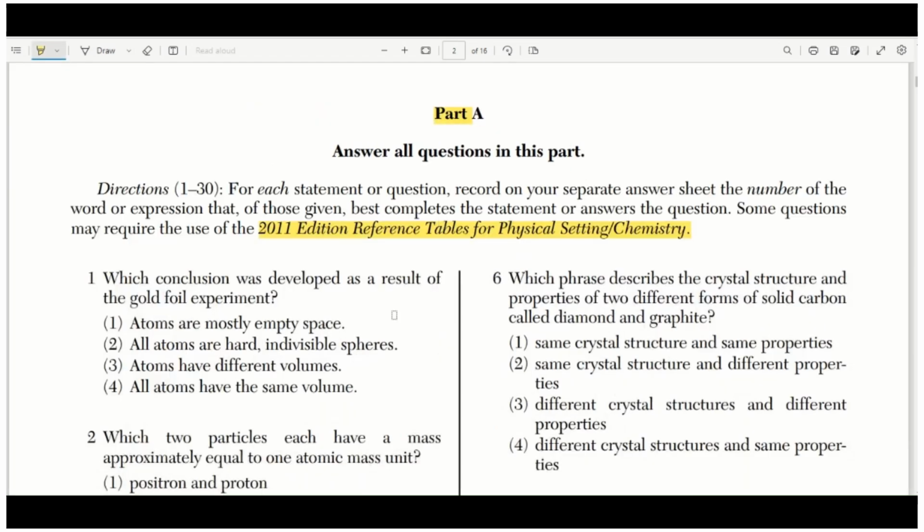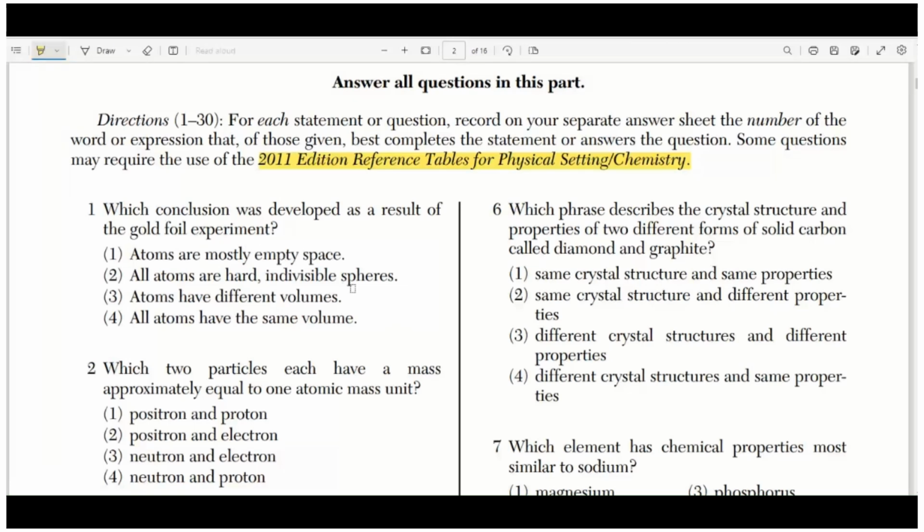When we get to these questions, these should be relatively straightforward, not multi-step. Which conclusion was developed as a result of the gold foil experiment? Do you remember what occurred in the gold foil experiment? Let me draw a little sketch.